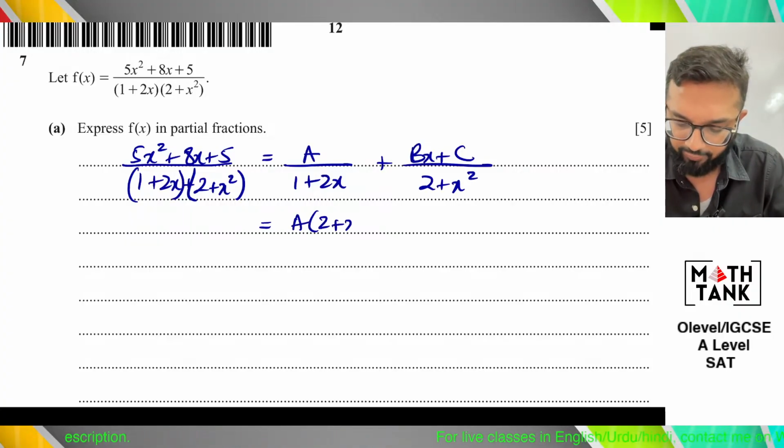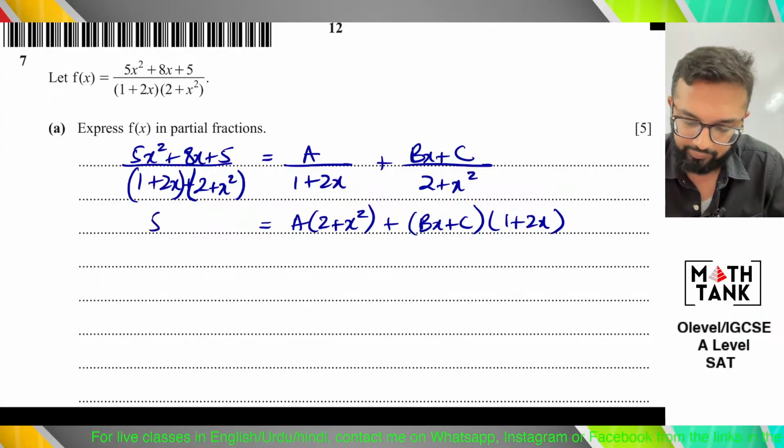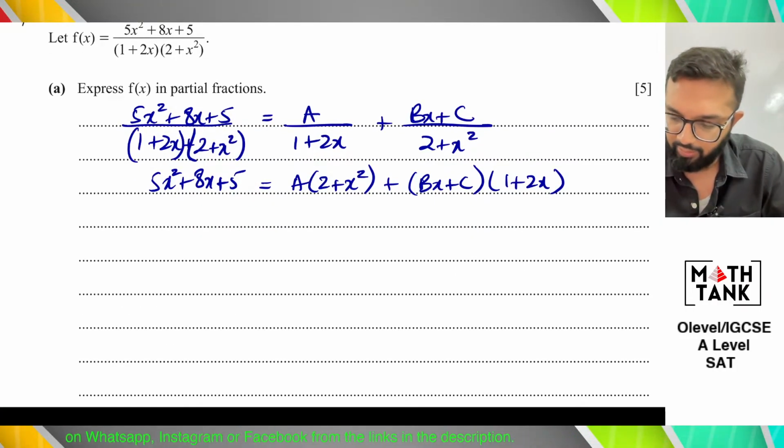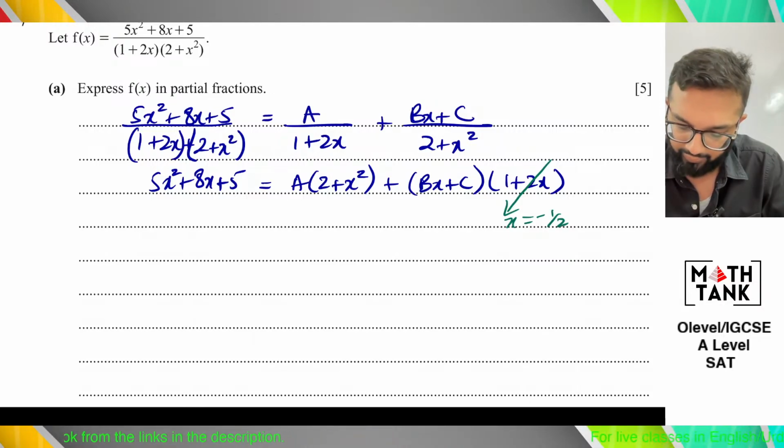Okay, you need to get the form of the partial fraction correct. Then you equate the brackets to 0, so x is minus half first.